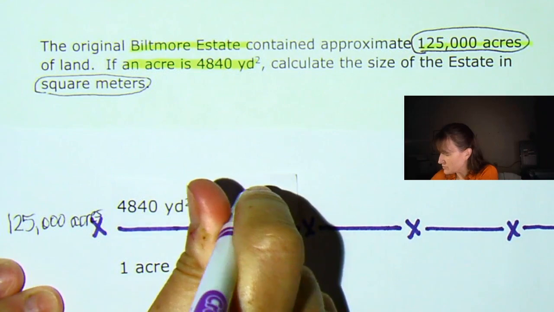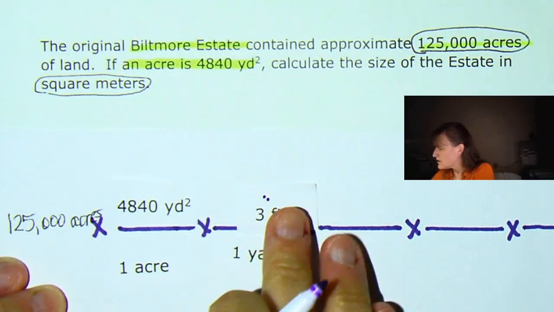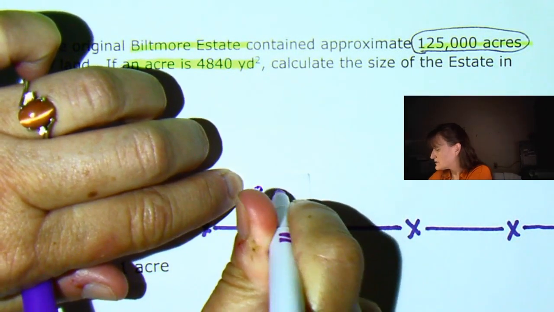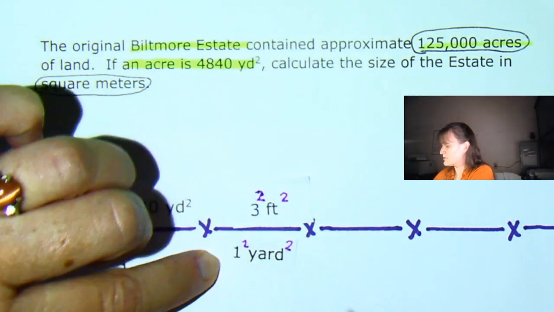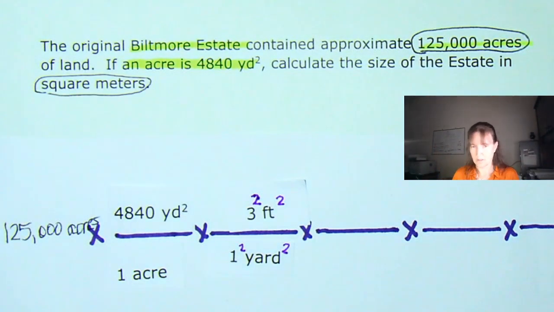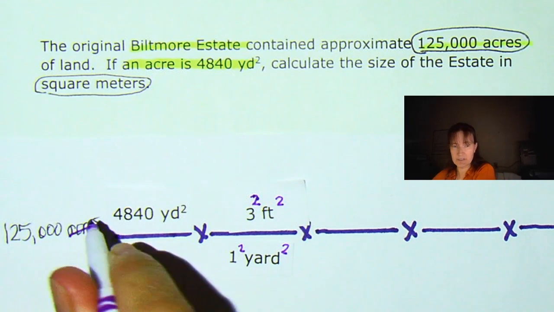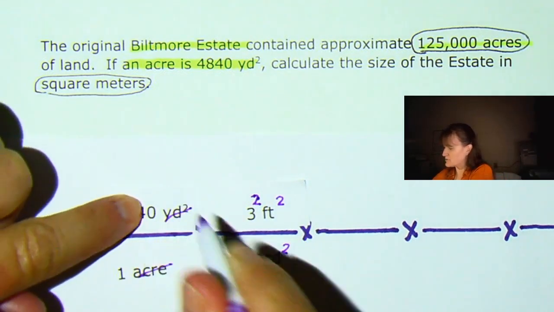So I'm going to put a squared at the number and a squared at the unit. Squared at the number and squared at the unit. So 3 squared feet squared is equal to 1 yard squared. So this will cancel out the acres, and this will cancel out the yard squared.